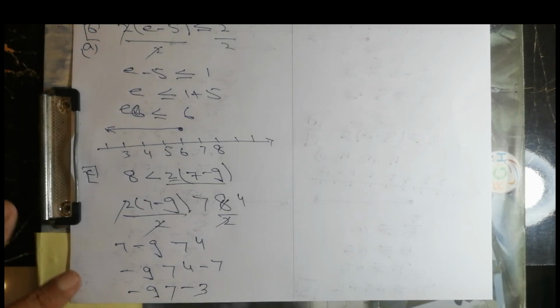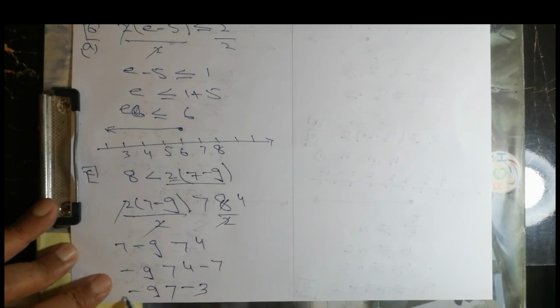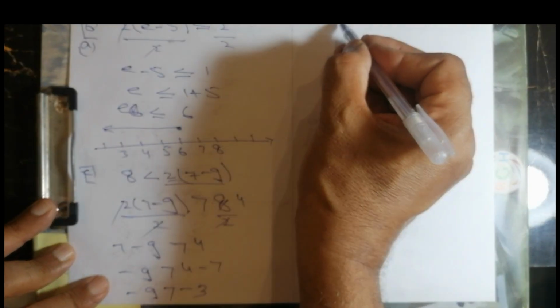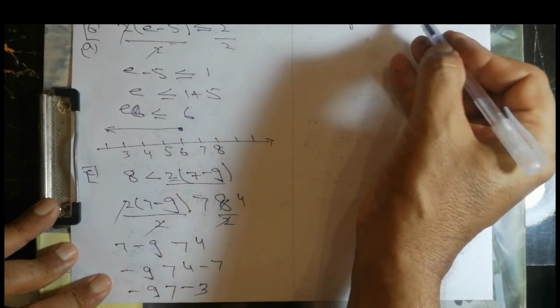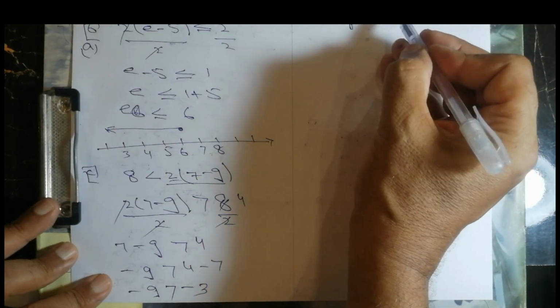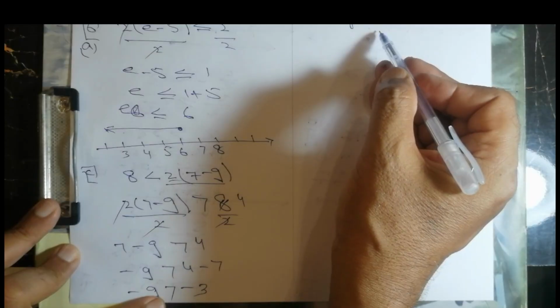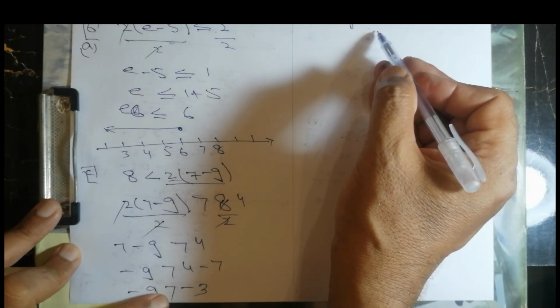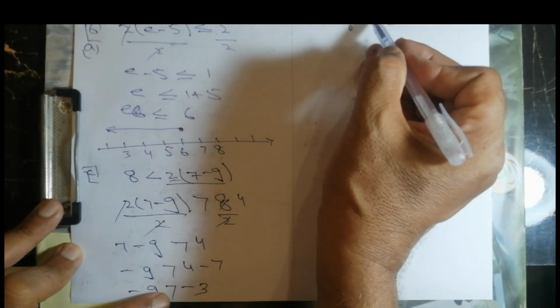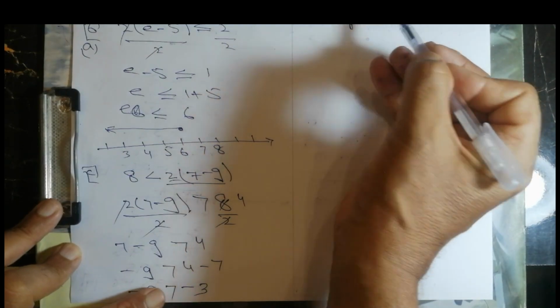Now multiplying both sides by minus 1 to make g positive, this will be g and this will be 3. When we multiply, the sign changes, so we write the flipped side of the inequality. So g will be less than 3.